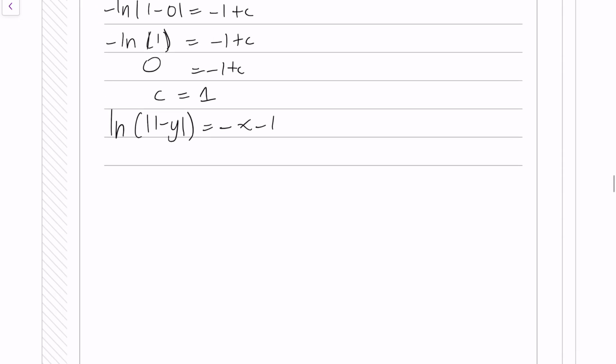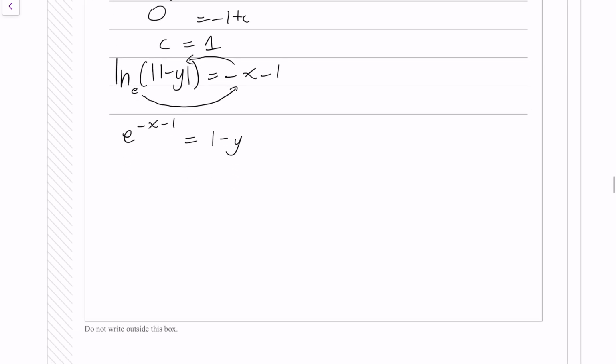Then again, if you remember our conversion from logarithmic to exponential form, if I have a base e here, then I'm basically just doing an anti-clockwise rotation. So e to the power of negative x minus 1 equals, and then going again anti-clockwise, 1 minus y.